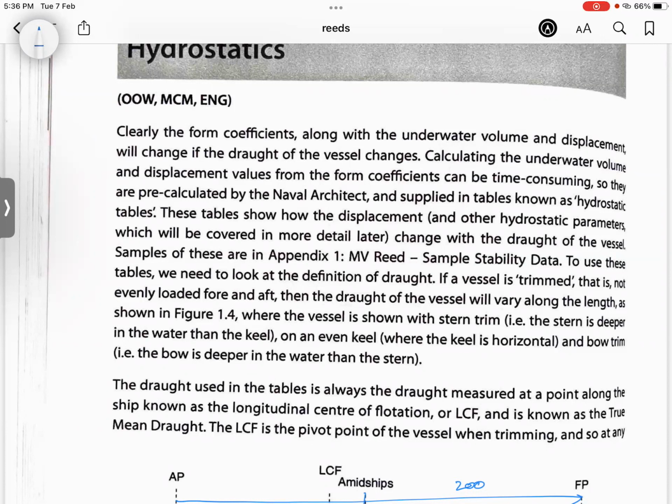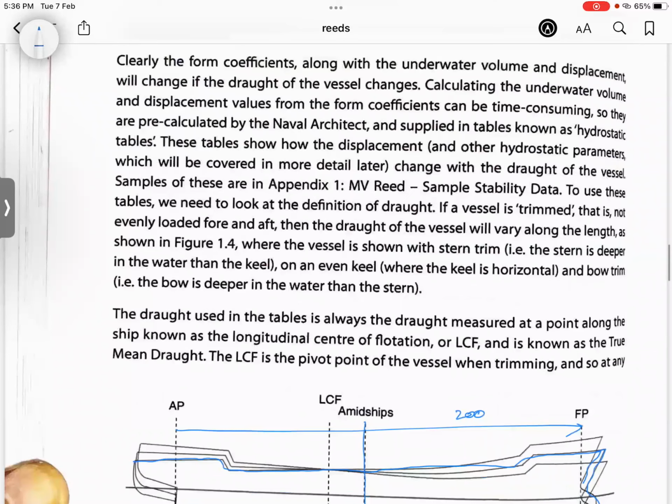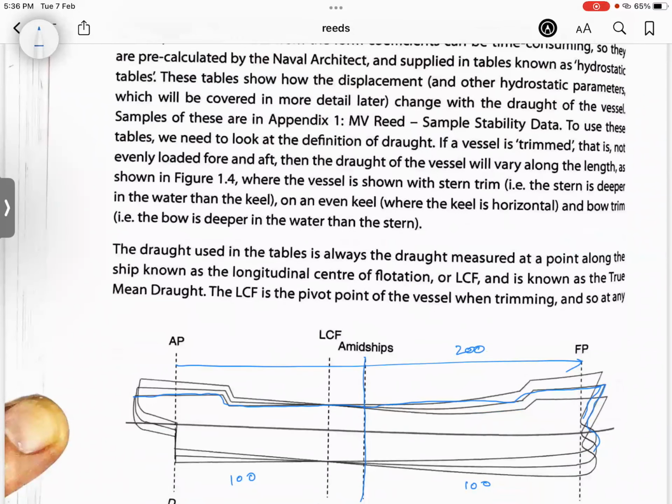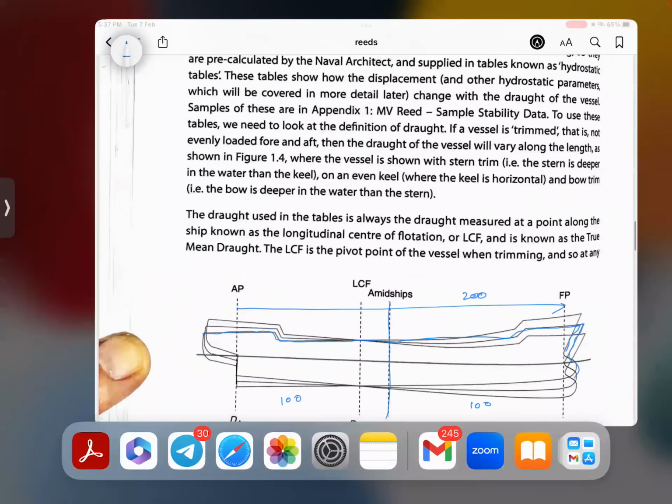What they do is position their finger on the centroid of the plane. That is why it is balanced. So if you put your weight on that point, on the longitudinal center of flotation, your vessel will not trim, but it will change the draft. Wait, it might be a little difficult to understand, I'll just tell you.